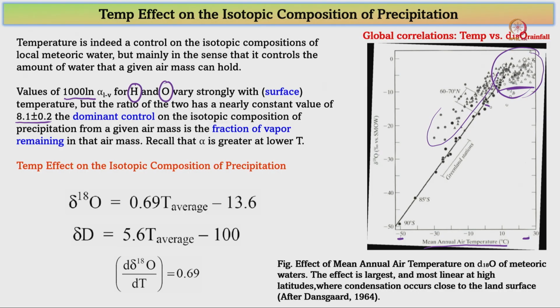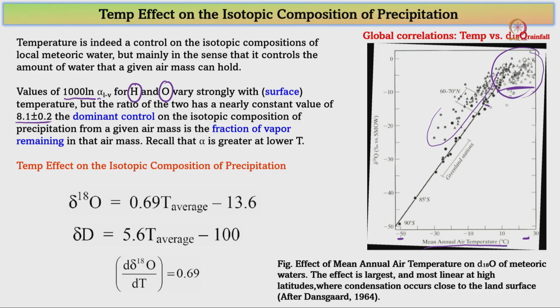This is why we see such correlations between the delta 18O and the delta D values, the water isotopes, and the temperature. And always remember, this alpha value is also very much dependent on the temperature. Therefore, due to these reasons we see a strong effect of temperature on the composition of the precipitation.